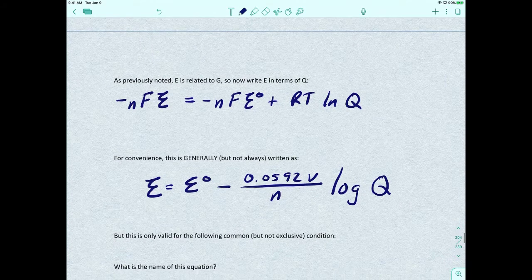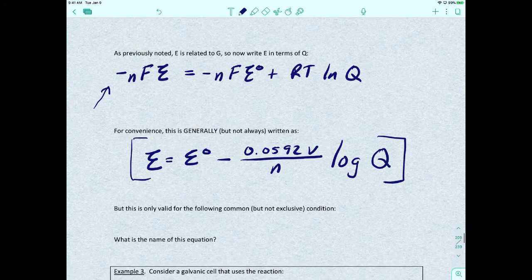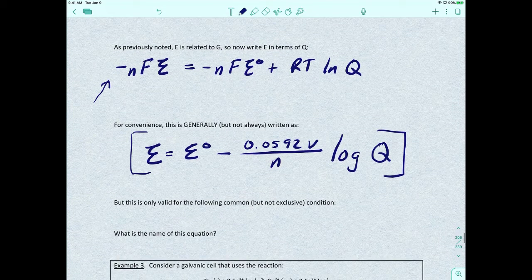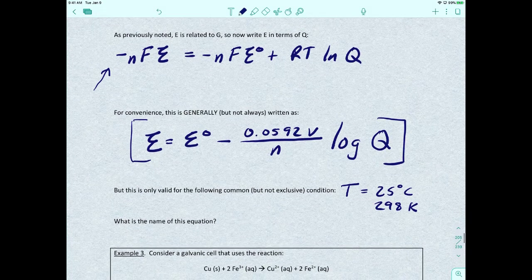All right, so sometimes that equation that we have on the top over here is written as a shorthand. Now, this is only valid if we're at standard state temperature. So the temperature has to be 25 degrees Celsius, 298 Kelvin. It's got to be at standard state.